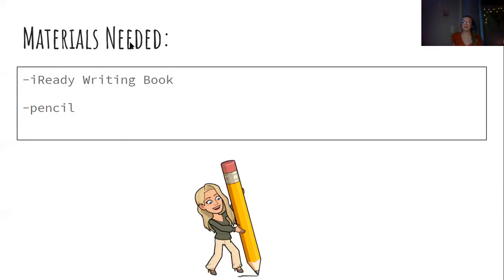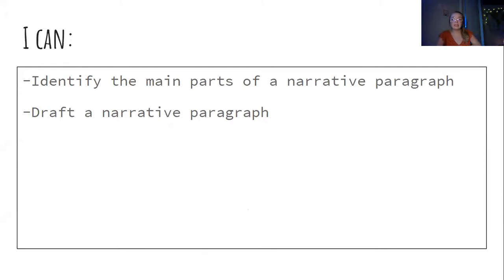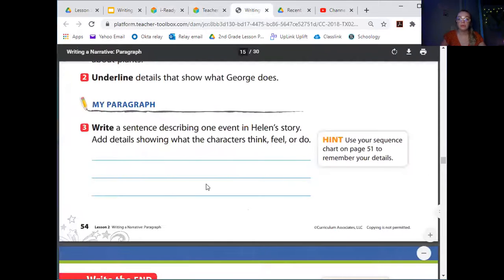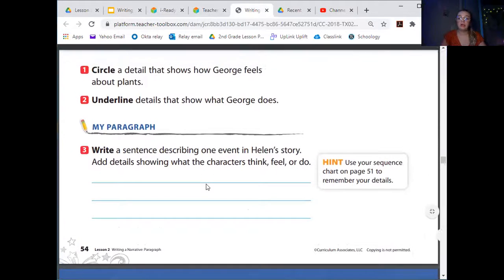The materials you'll need are your iReady writing book and a pencil. And our I can statements are I can identify the main parts of a narrative paragraph and I can draft a narrative paragraph.